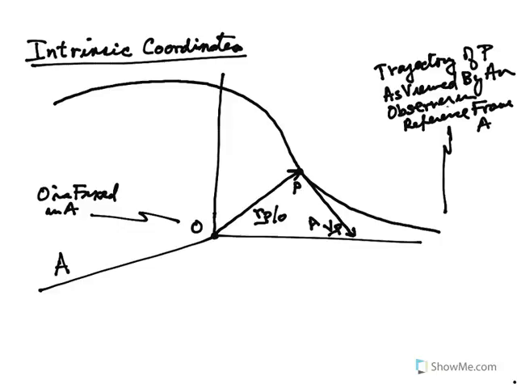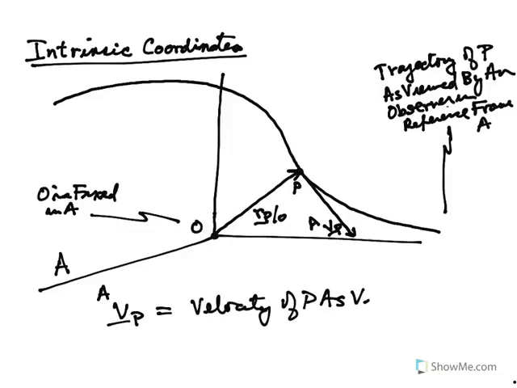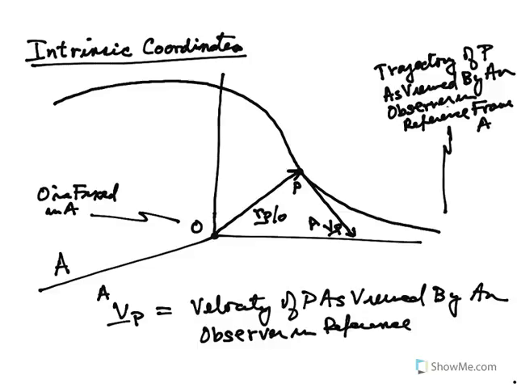So let's write this down. VPA is the velocity of P as viewed by an observer in reference frame A. And what we're going to define first is the unit vector along this velocity.